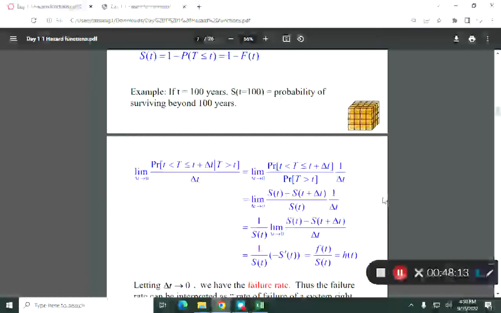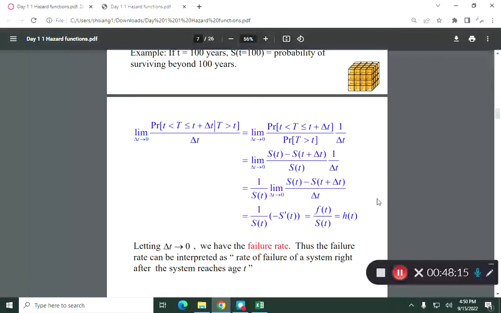Next, this is a very important function you need to understand. It's called the hazard function. The hazard function is a conditional value. Please put that down. The hazard function is a conditional value. Conditional on what? If I want to talk about a failure between t and t plus delta t, let me repeat that.